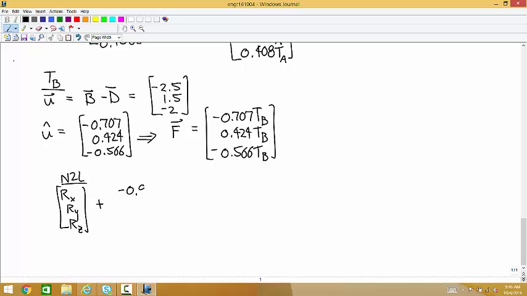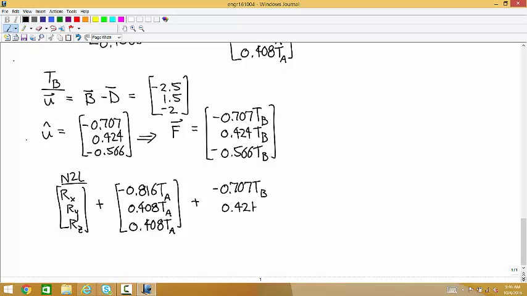plus negative 0.816 TA, positive 0.408 TA, positive 0.408 TA, plus negative 0.707 TB, positive 0.424 TB, negative 0.566 TB, plus 0, negative 490.50.